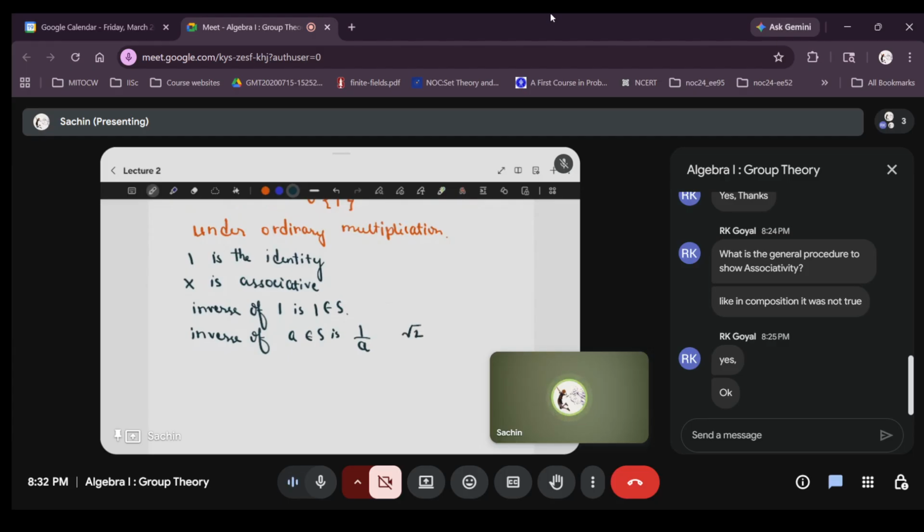So if root 2 is irrational, its inverse 1 by root 2 is also an irrational number. This is root 2 by 2, half of root 2. That's also irrational. So you have an identity, you have that it is associative, and each element has an inverse in the set.